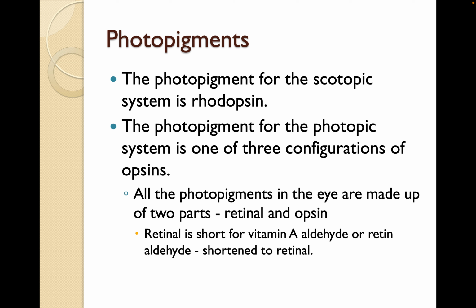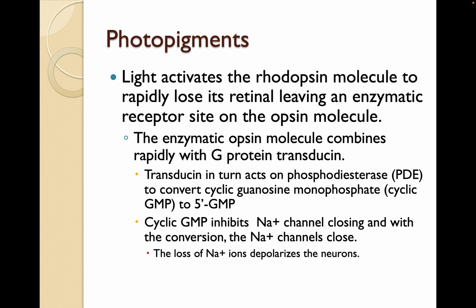All the photopigments in the eye are made up of 2 parts, retinol and opsin. Retinol is short for vitamin A aldehyde, or retinaldehyde, shortened to retinol. Light activates the rhodopsin molecule to rapidly lose its retinol, leaving an enzymatic receptor site on the opsin molecule.